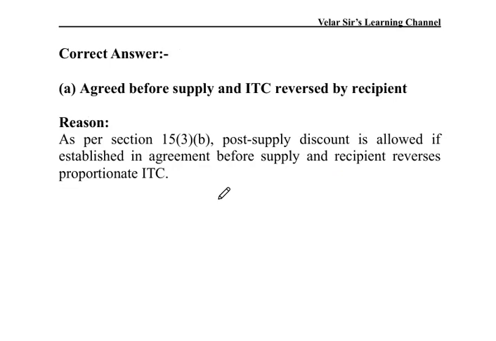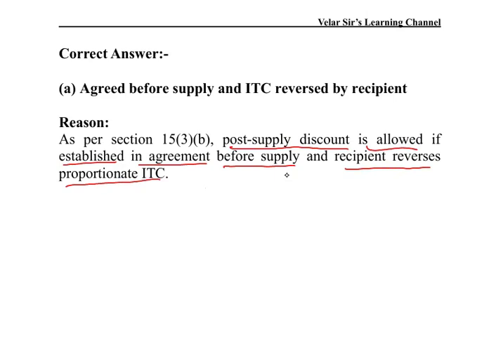Reason is given, as per section 15 subsection 3 clause B, post supply discounts, the discount which is given after the supply, is allowed if established in an agreement before the supply and the recipient reverses the proportionate ITC.